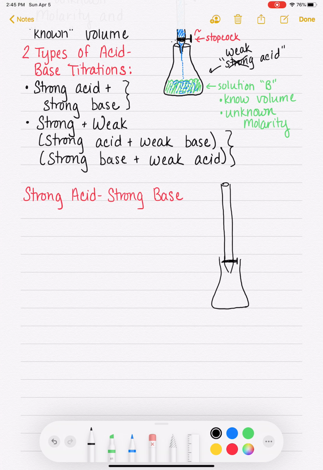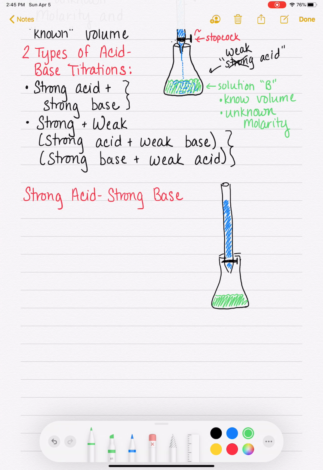We've got a burette and then either an Erlenmeyer flask or a beaker. Inside the burette, we are going to fill it with one solution, and in the flask, we're going to put a different solution. So we've got two different solutions here.